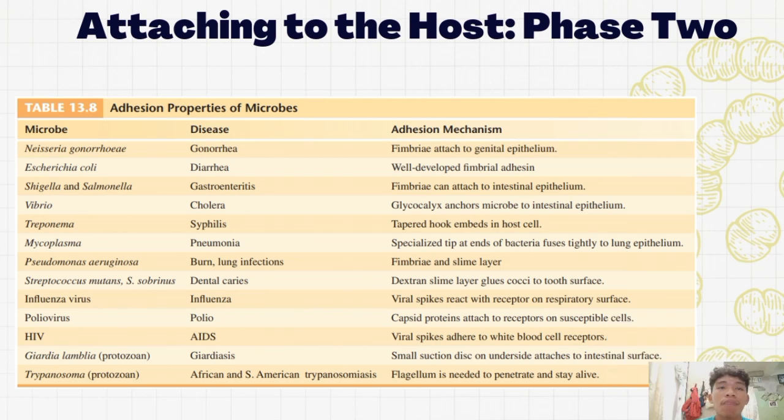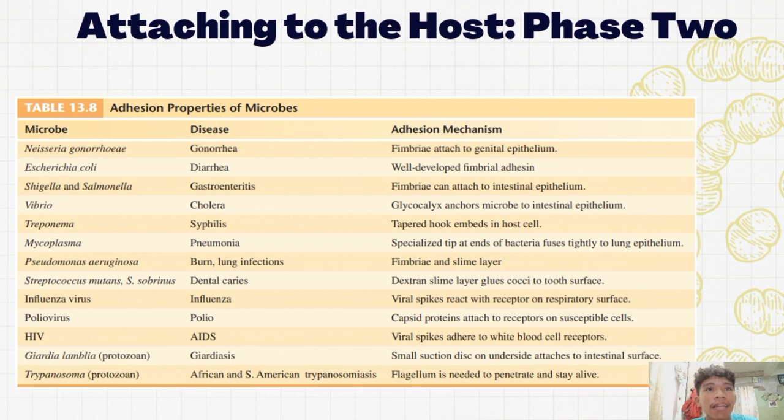This table shows the adhesion properties of microbes. It shows how different types of germs or microbes attach to the body to cause various diseases. Microbe: Neisseria gonorrhoeae. Disease: gonorrhea. Adhesion mechanism: fimbriae attached to genital epithelium. So fimbriae are tiny hairs that stick to the genital area.